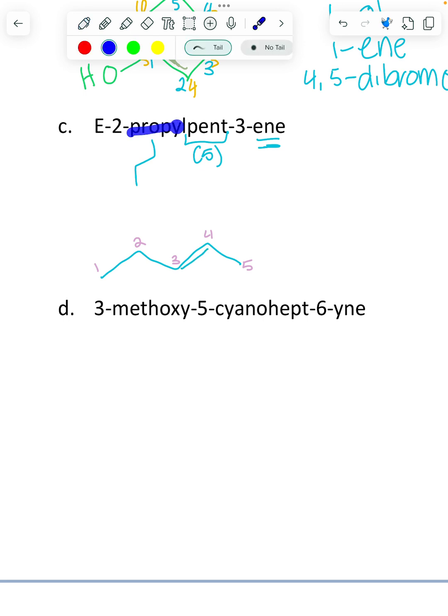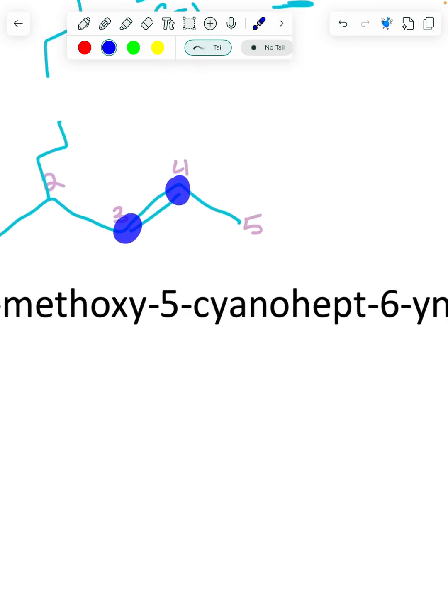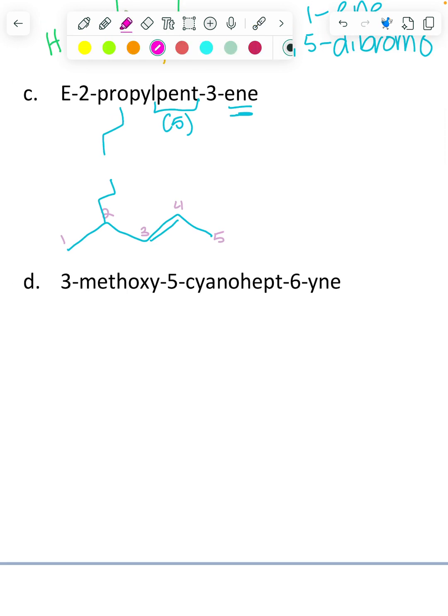Then there's a propyl at site 2, which is right here. Now we're going to determine if we did this correctly by making it E. So we see this double bond right here. These are the 2 carbon sites that we're going to be worried about. I'm going to highlight those real quick.